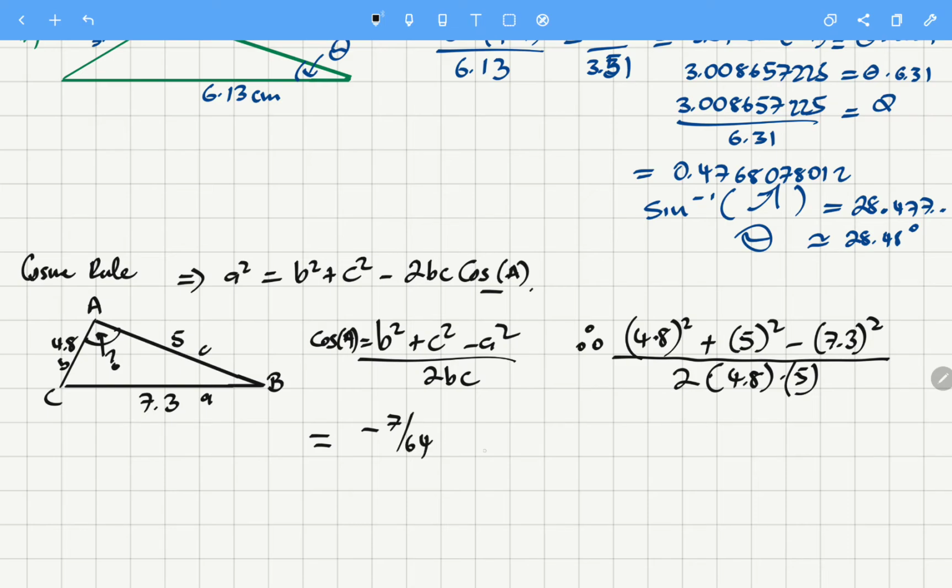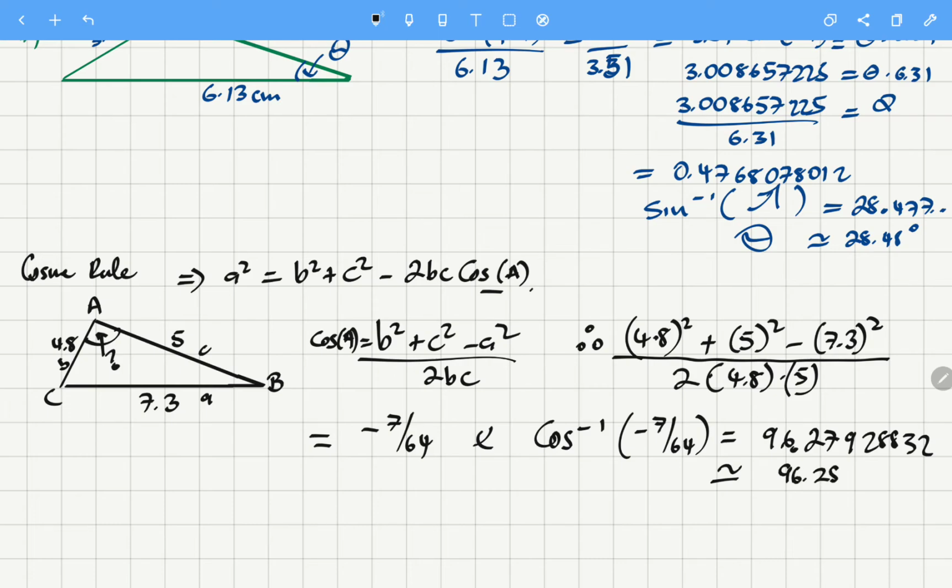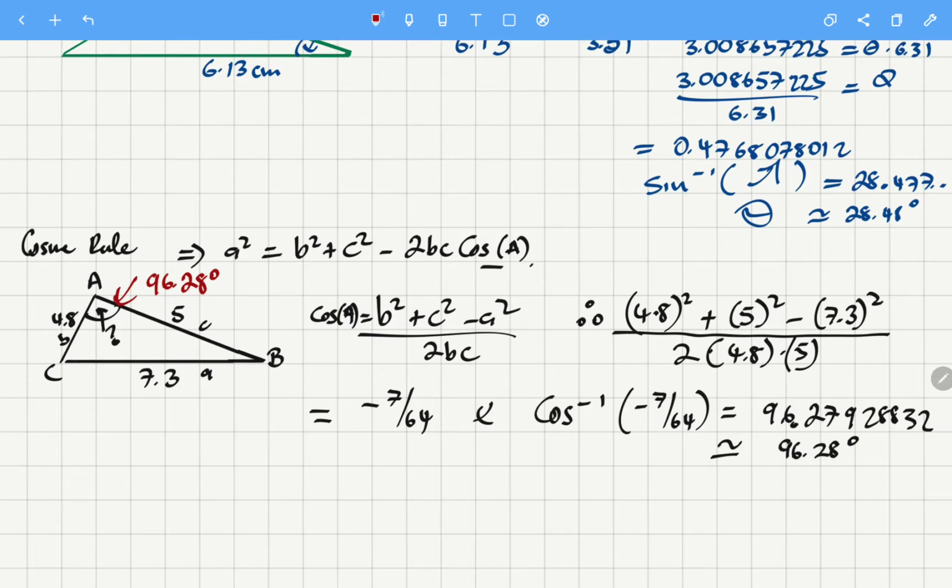Then what I need to do now is get the inverse cos of that, which is 96.28 degrees approximately. So that's this angle there, 96.28 degrees. That's our answer.